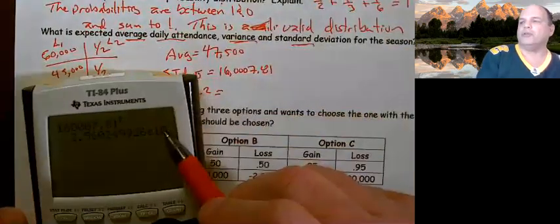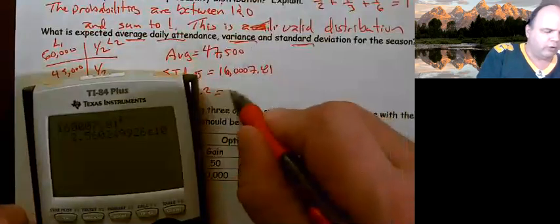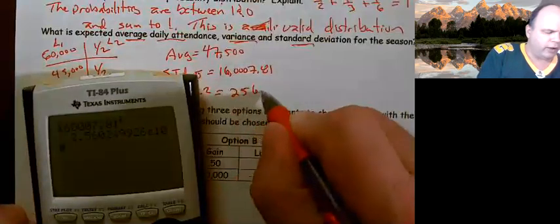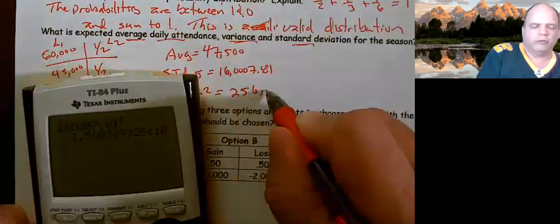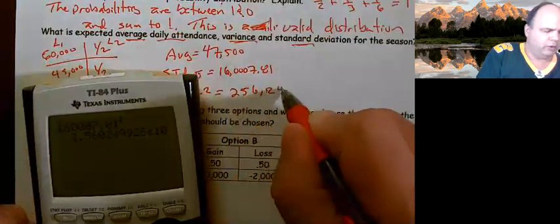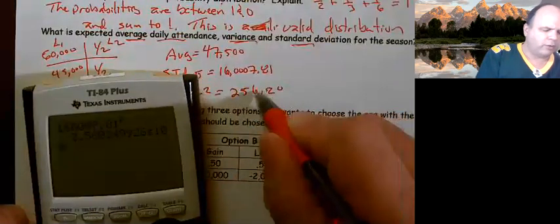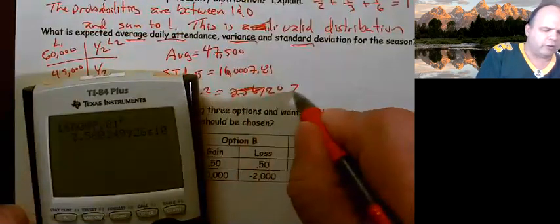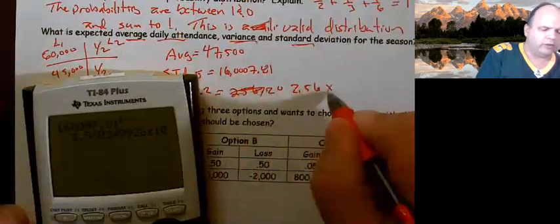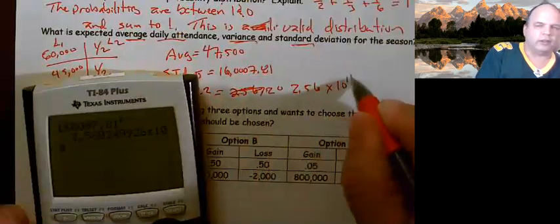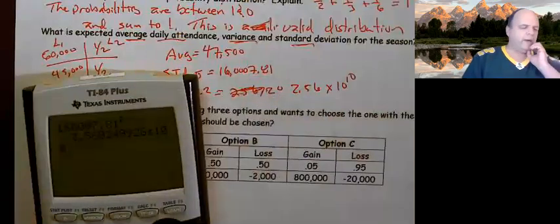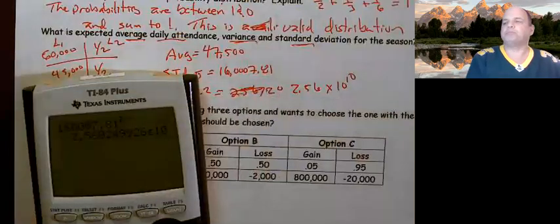Got to put some zeros in there. That's in scientific notation. So this is 256,200. You know what? I'm just going to leave it in scientific notation. That's good enough. 2.56 times 10 to the 10th. That'll work. And if y'all want to leave it like that, because generally speaking, I'm not going to ask for something like that. Okay.